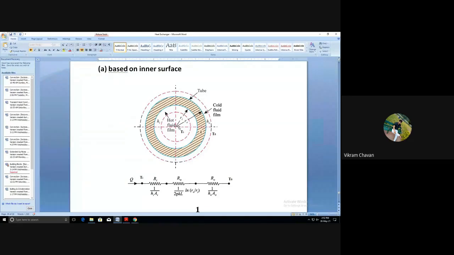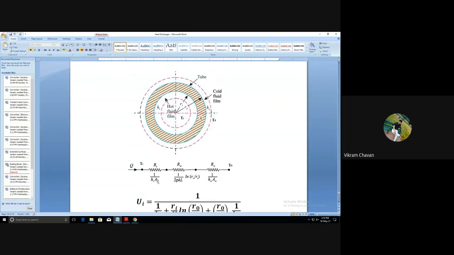Convection heat transfer will happen from the inside fluid to the inner surface of the tube. That provides the convective resistance, given as 1 divided by h multiplied by area. The area we have to consider is the inner surface area of the tube, that is A suffix i.